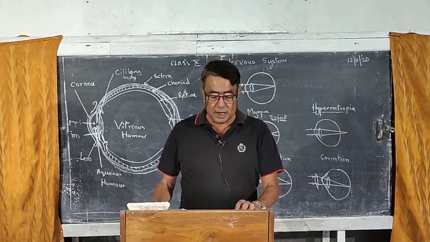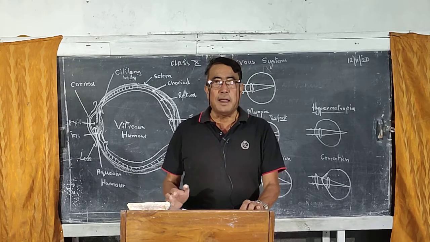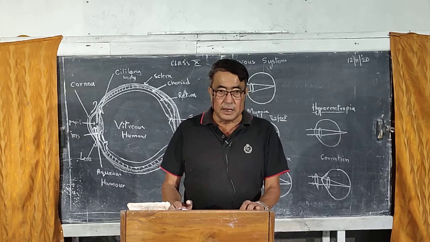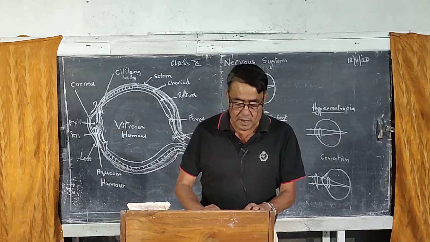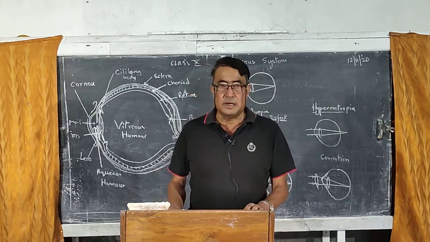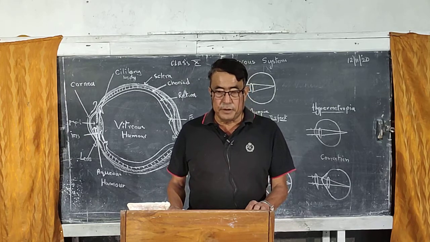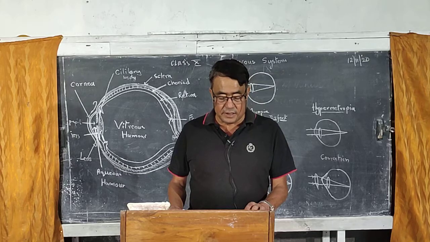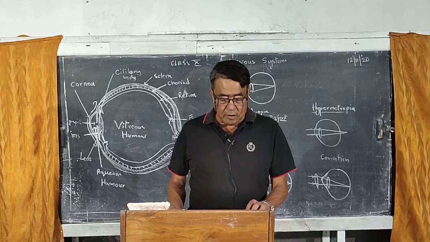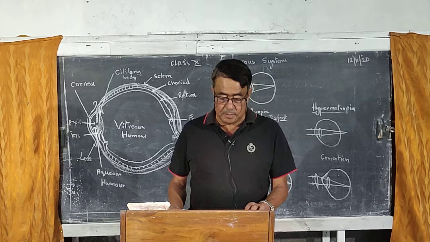The peripheral nervous system consists of 12 pairs of cranial nerves and 31 pairs of spinal nerves. The peripheral nervous system consists of two divisions: the somatic nervous system and the autonomic nervous system.